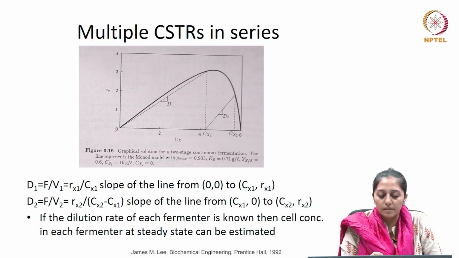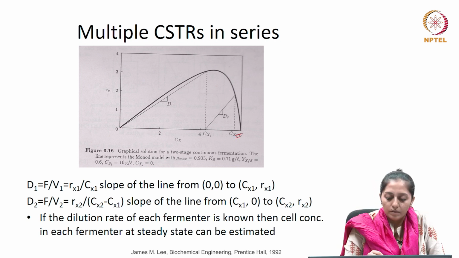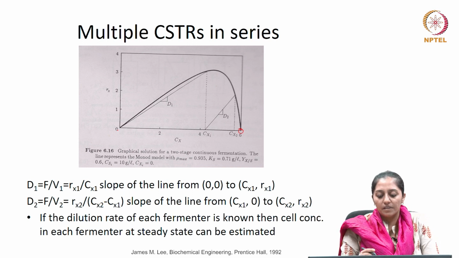Because this is a single CSTR, as the dilution rate increases, the biomass formation rate also increases, and then it reaches its maximum and very sharply goes to 0 at washout, shown as this point.